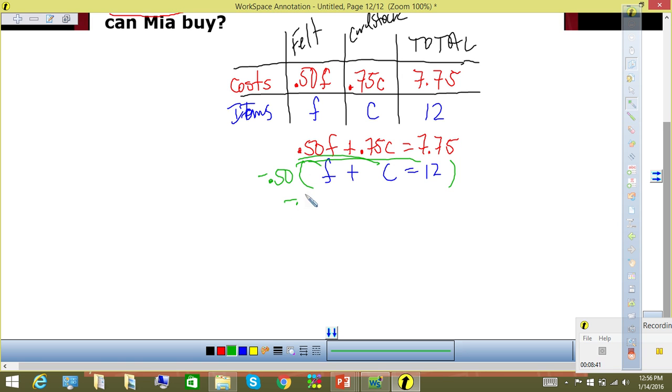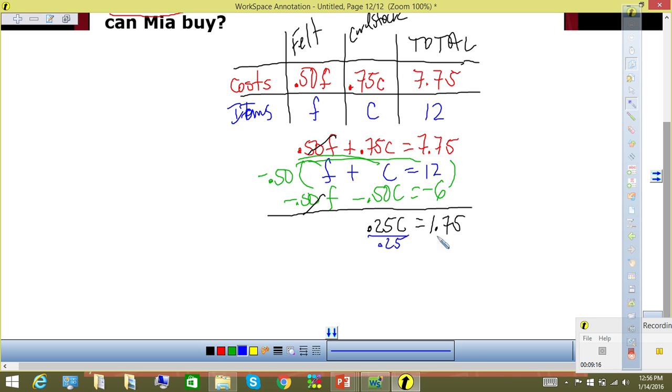This becomes negative 0.50F, negative 0.50C equals negative 6. And now we can eliminate the variables. So 0.50 minus 0.50, they cancel. What is 0.75 minus 0.50? 0.25C equals 7.75 minus 6, that's 1.75, and it's solved.